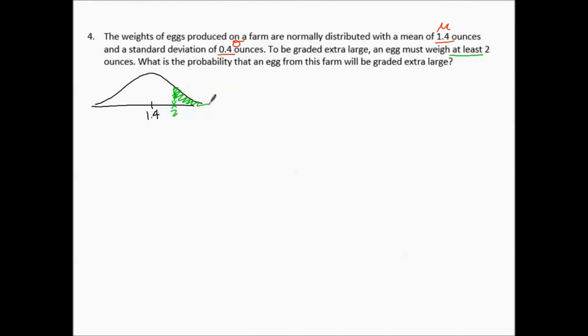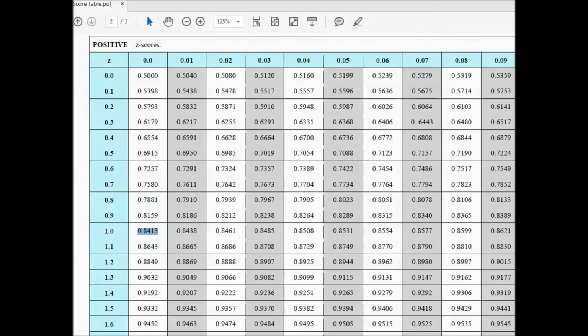I'm going to start by finding the z-score for an egg that weighs 2 ounces. So if I have z equals 2 minus the mean, which is 1.4, divided by the standard deviation, which is 0.4, that gives me a z-score of 1.5. Then I need to look that up in the table. So if you go to the positive side, go to 1.50, that gives you a value of 0.9332.